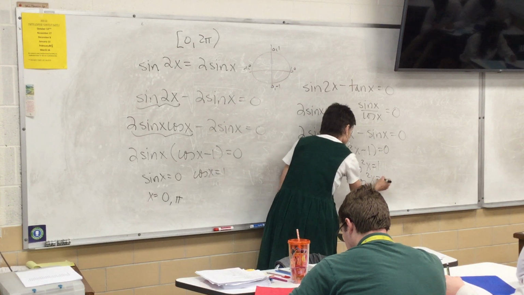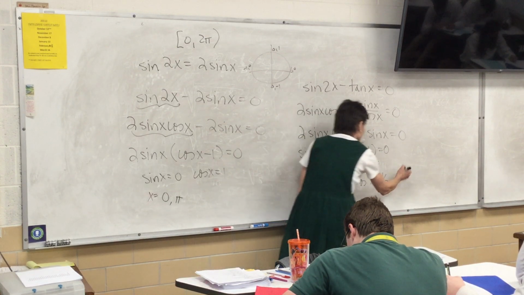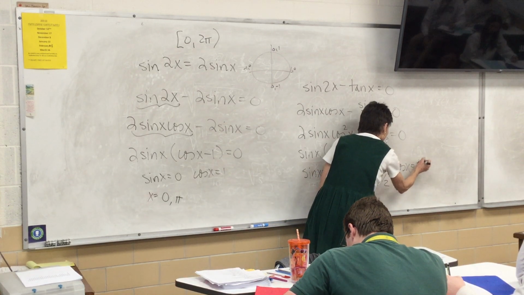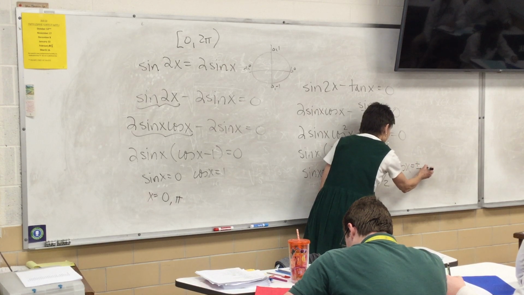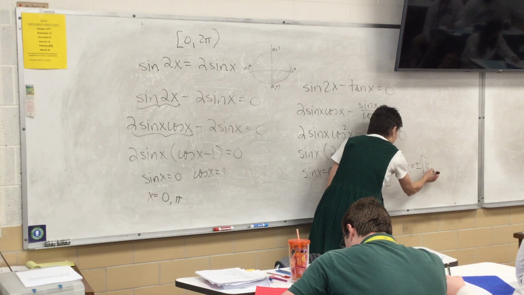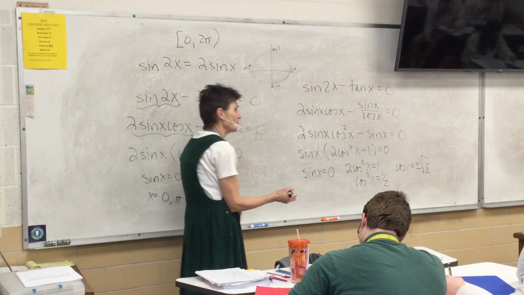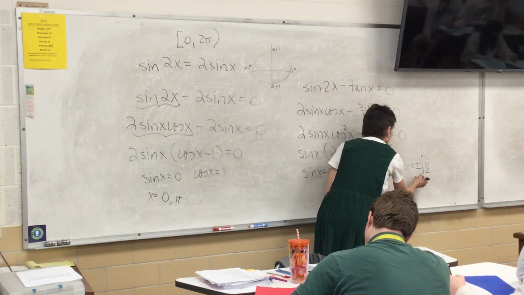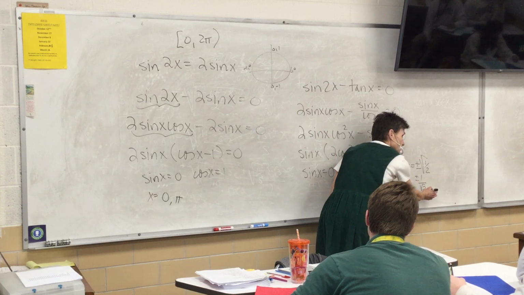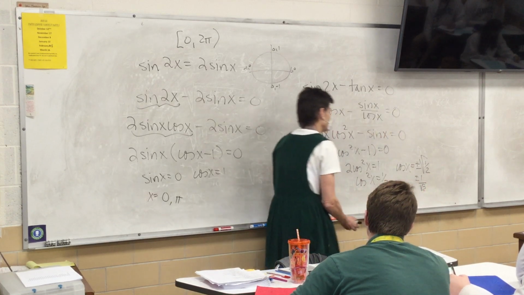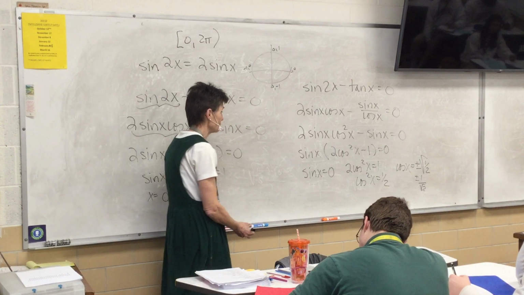Cosine squared equals 1/2, and cosine equals plus or minus the square root of 1/2, which is 1 over root 2, or root 2 over 2.